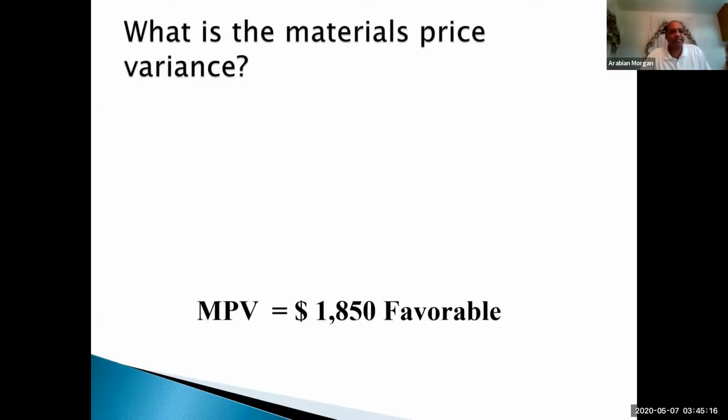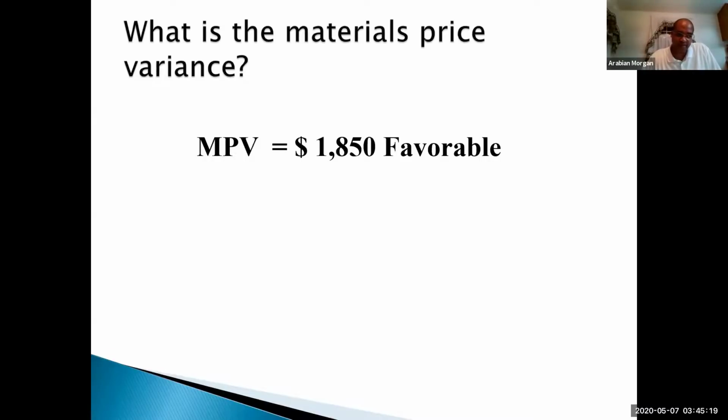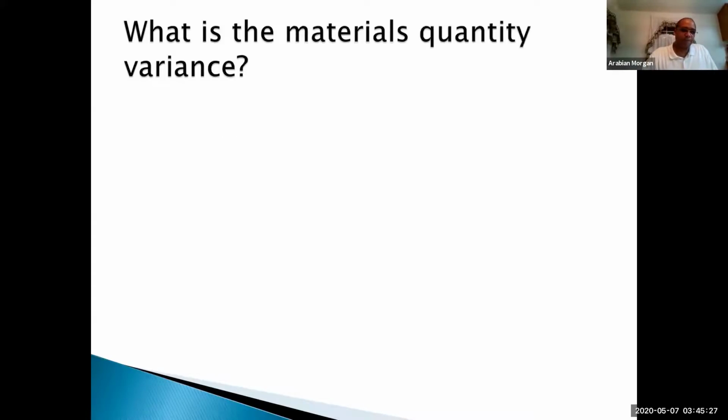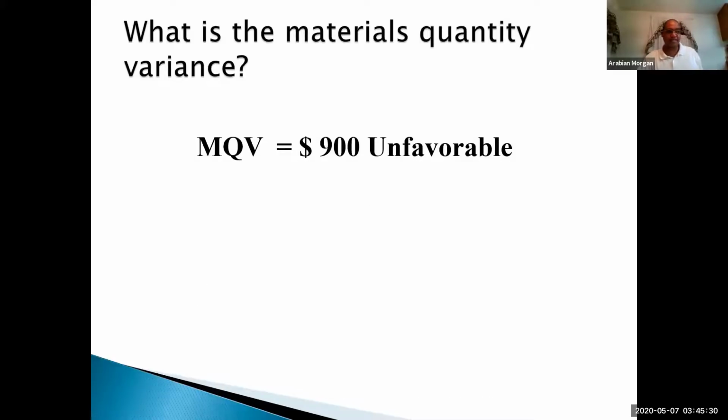Materials price variance, I got $1,850 favorable. Materials quantity variance, I got $900 unfavorable.